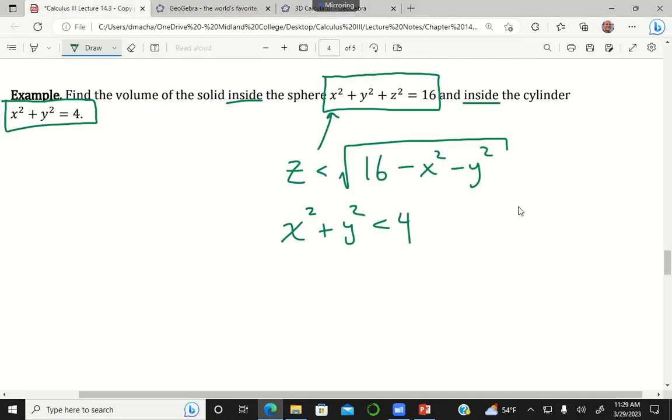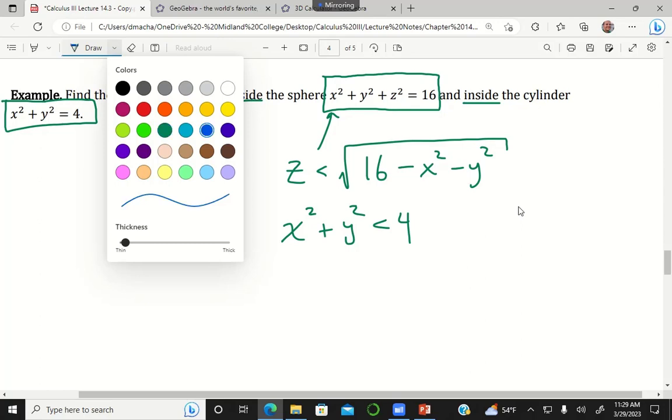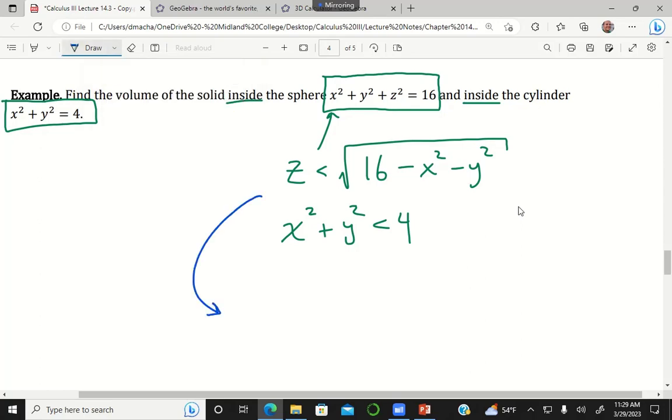Okay. Now I want to convert to polar, right? These are in rectangular coordinates, but I know that since it has radial symmetry, it's going to be really nice if we convert this to polar coordinates.